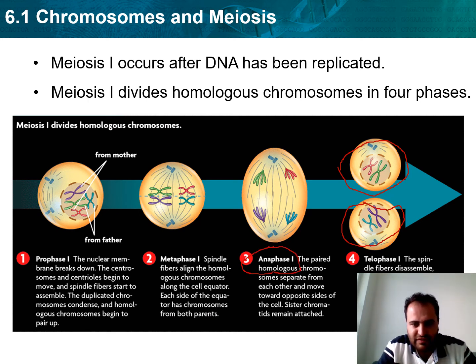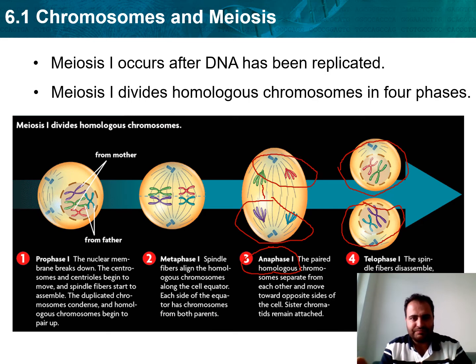So during anaphase 1, the movement of the chromosomes that you see here is literally random. And we call this independent assortment. What do we call it? Independent assortment. Independent means it doesn't depend on any rule. Assortment means distribution. So the distribution of chromosomes is going to be very random.